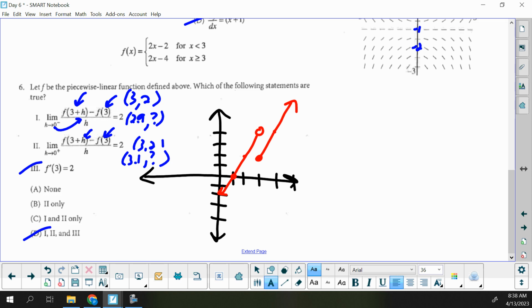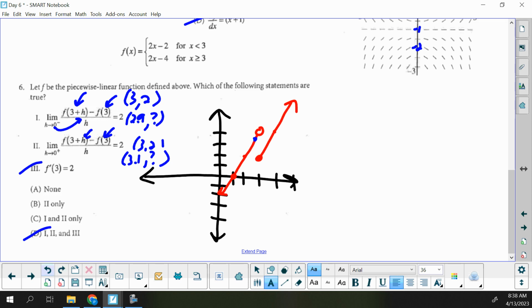So what those choices are saying is, as your point keeps getting closer to x equals 3, is the slope approaching 2? So let me start here. There's a random point left of x equals 3. Let me connect it. That slope is negative.